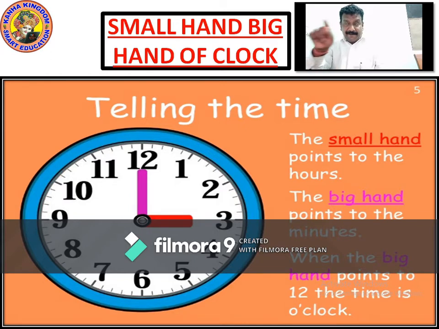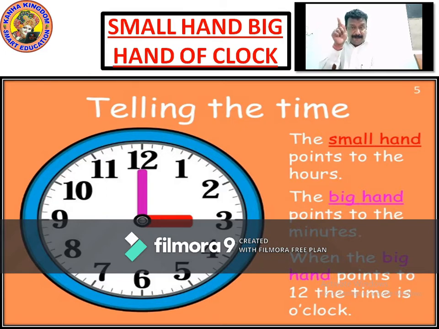The red small hand is at 3. It will come a little down as the time moves. As the 60 minutes are crossed, this small hand will move a little. It will come a little down, and the big hand starts moving around 60 minutes. By the time it goes from 3 to 4, to show 4 o'clock, the big hand crosses the entire 60 minutes, from 12 to 12.